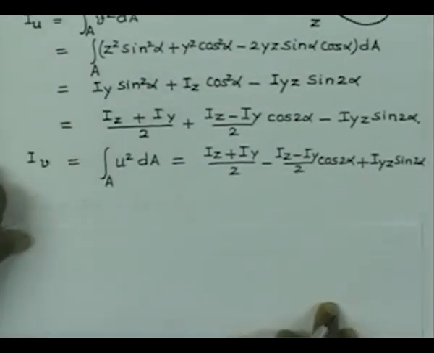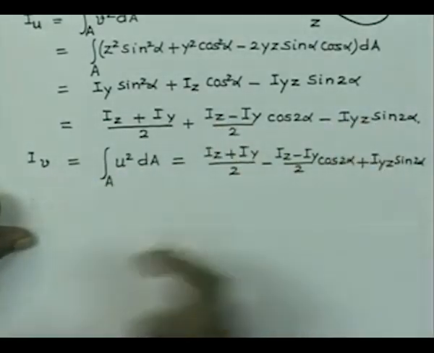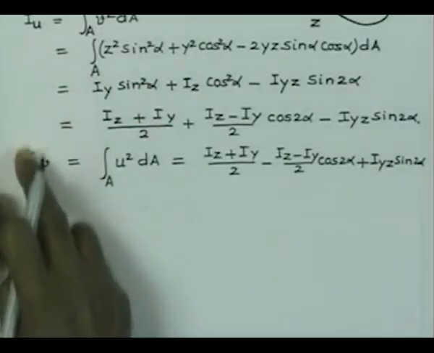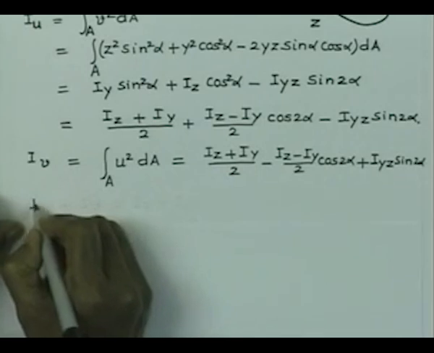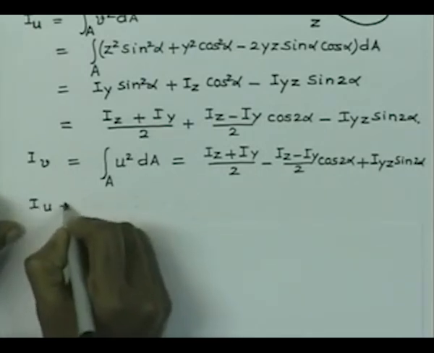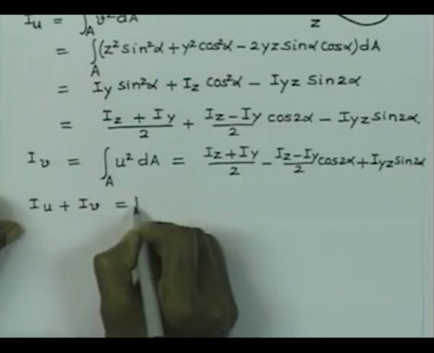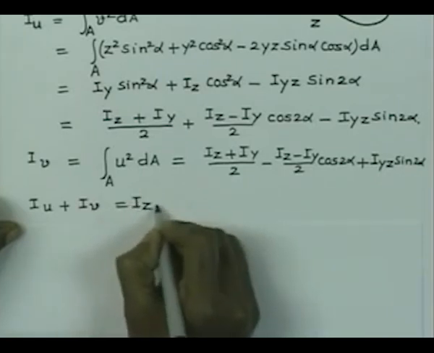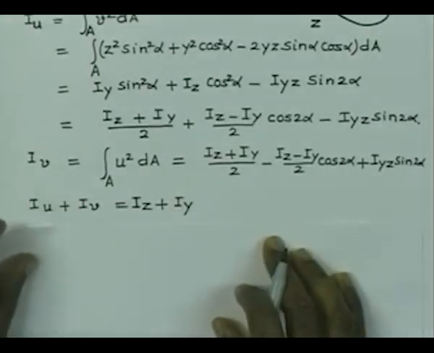You can see now that if you add Iu plus Iv, these terms cancel, and you finally find that Iu plus Iv is equal to Iz plus Iy. So the sum of the two moments of inertia remains constant irrespective of the selection of axes. It is like a stress invariant; the sum of the principal moments of inertia always remains constant.